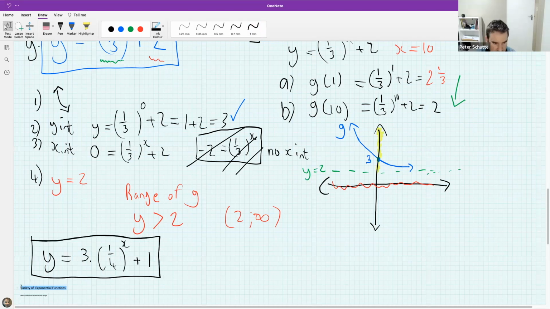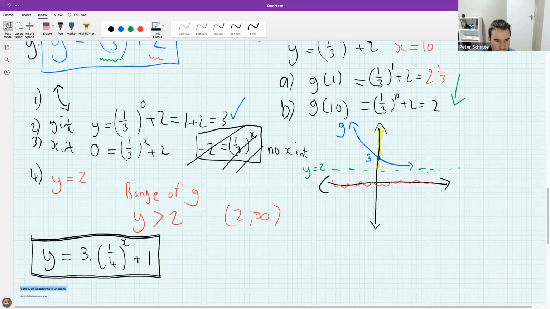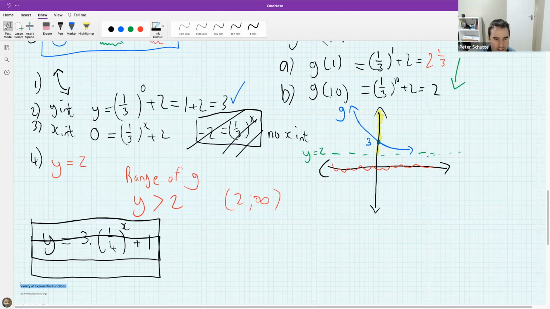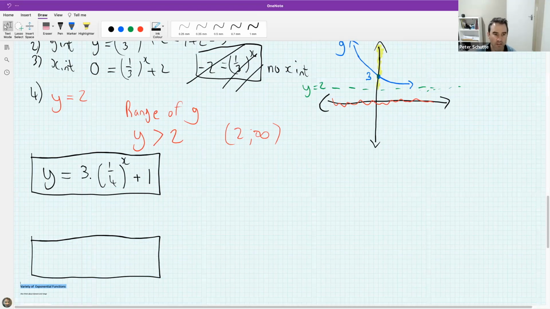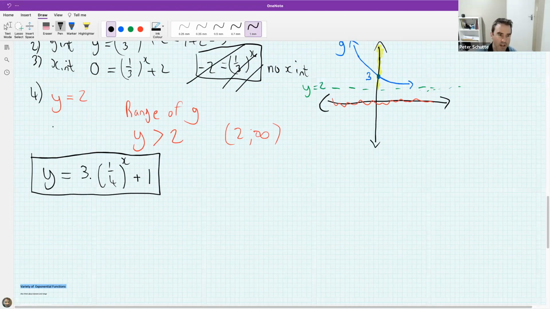So I think this is going to be our last one, or our second last one for the night. So draw me the equation of y equals 3 times a quarter to the power of x plus 1. And I'm going to call this function the function h. Over to you guys.